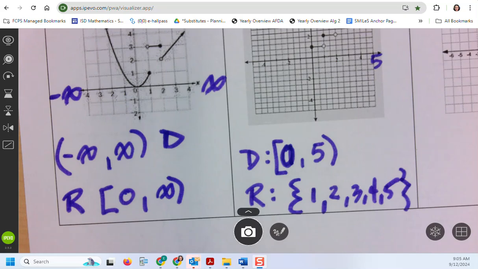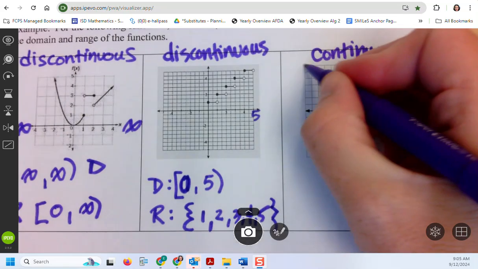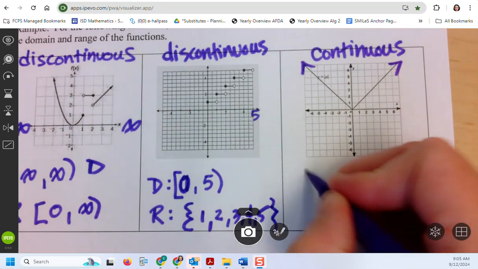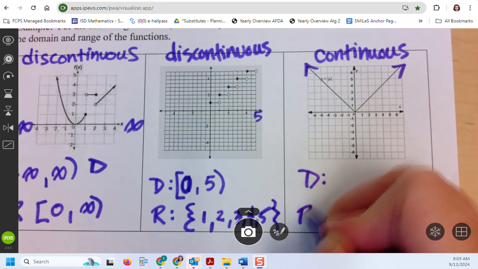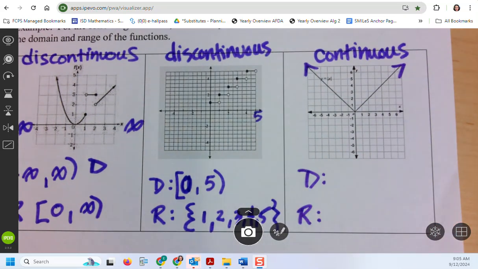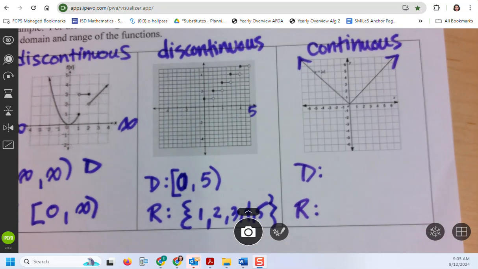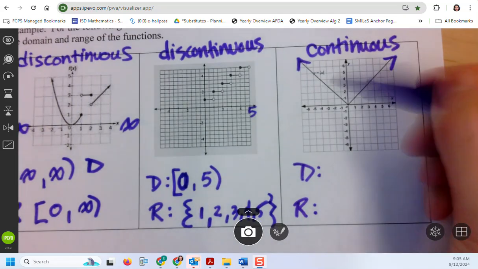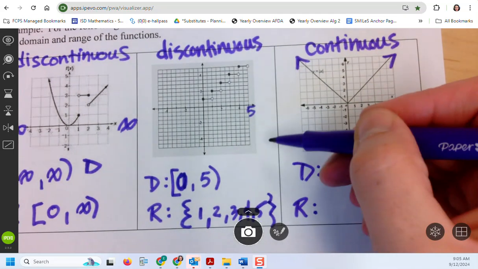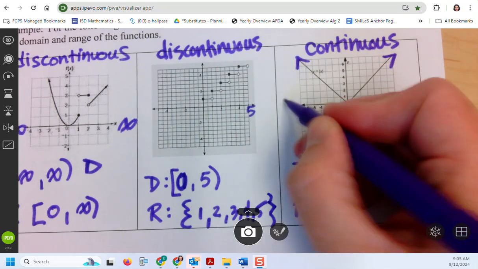Okay. All right, the last one for domain and range. Let's put arrows at the end. Wait, what does that say? 1, 2, 3, 4, 5. Yeah, in fancy brackets. Okay, for your domain, what's all the way on the left? It's negative infinity.